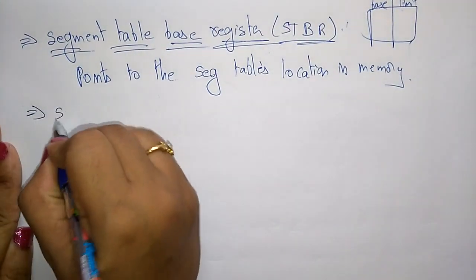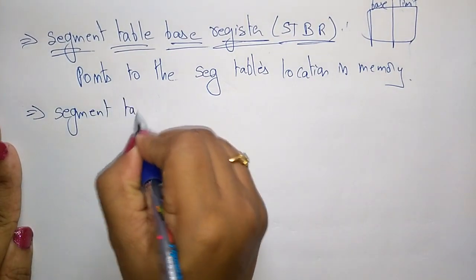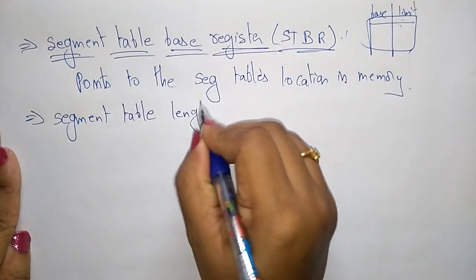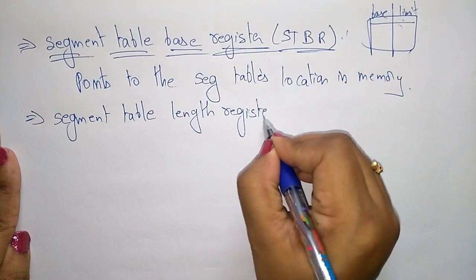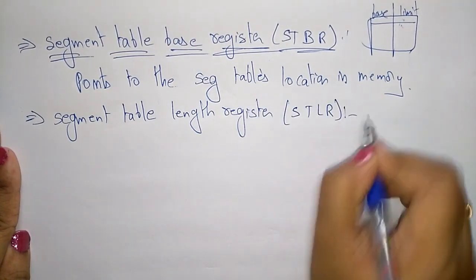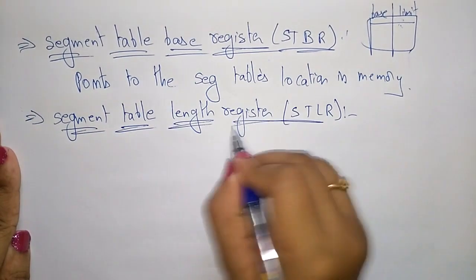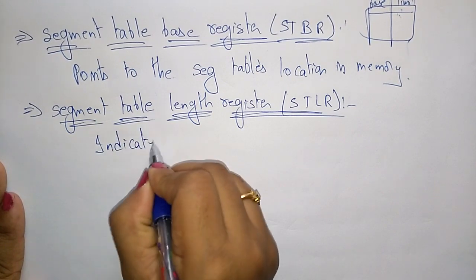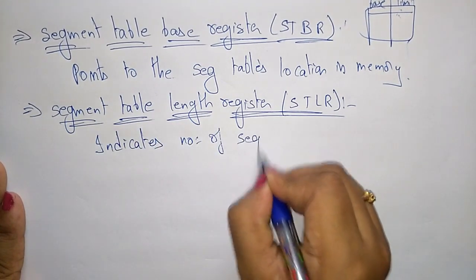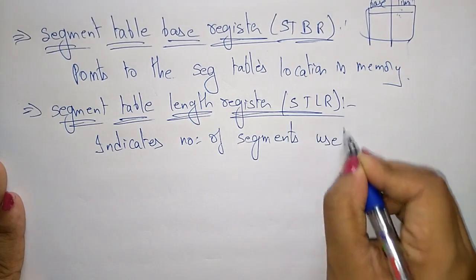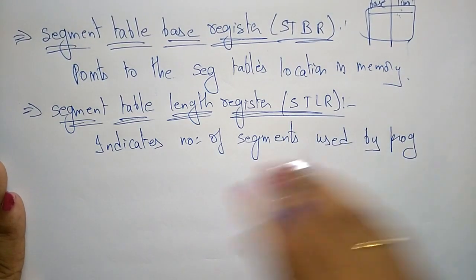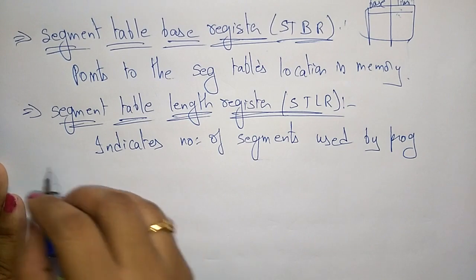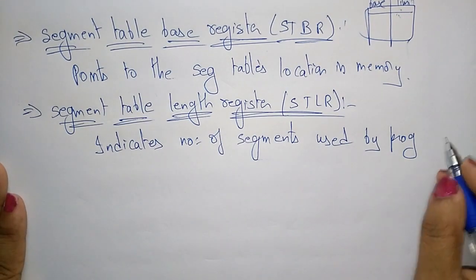And the segment table length register, STLR, corresponds to the limit. STLR means segment table length register. It indicates the number of segments used by a program.